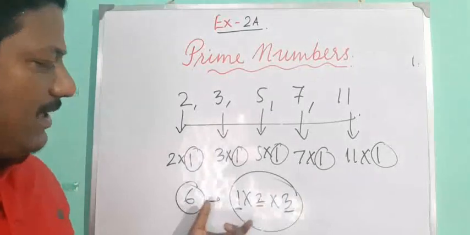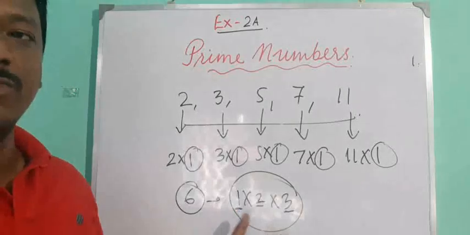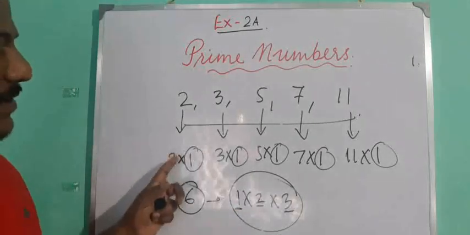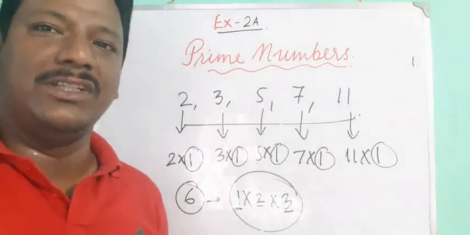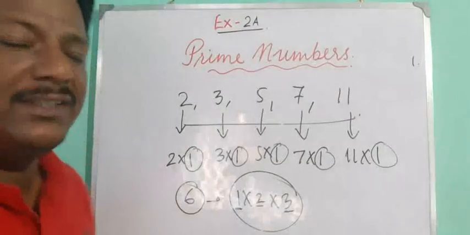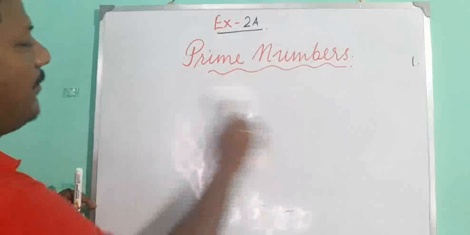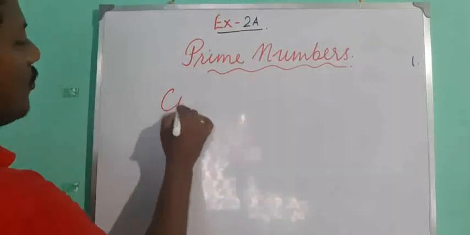Okay, so the 6 is not considered as a prime number because it has factors more than 2. But prime numbers are the numbers which have no factors other than itself. Okay, the number itself is the factor. So this is called the prime number. Now next let us see the co-prime.